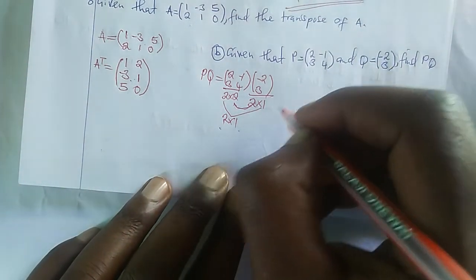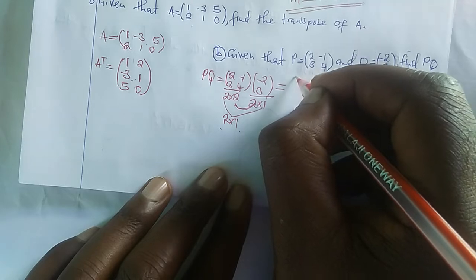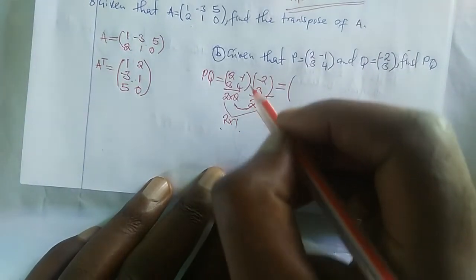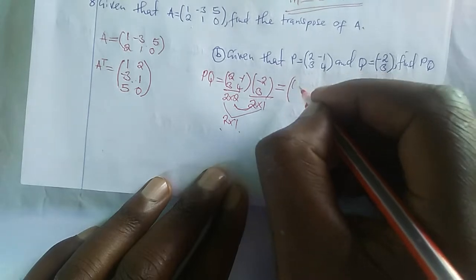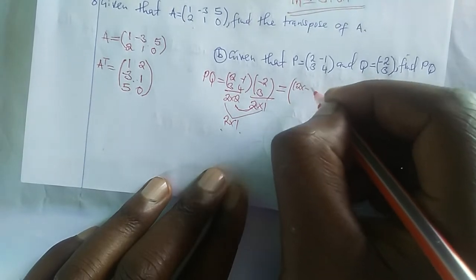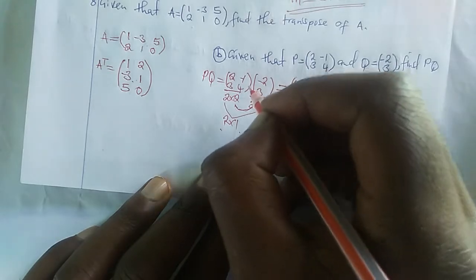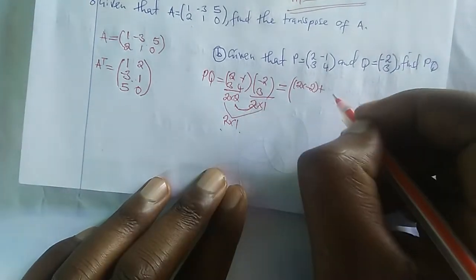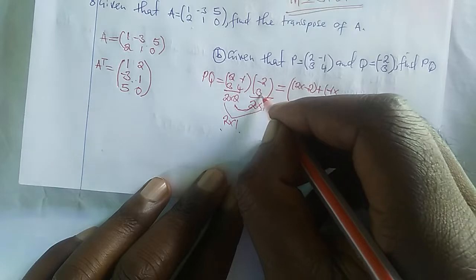So what I'm going to do now is the actual multiplying. I'm going to open bracket here, then I'm going to say 2 by negative 2, plus negative 1 by 3.